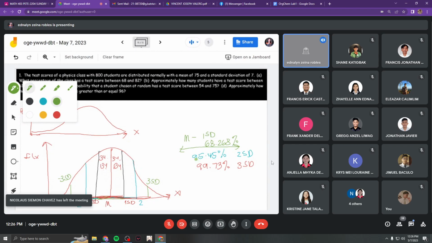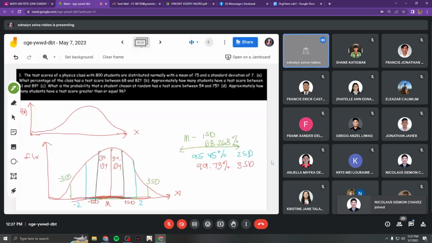And on the second standard deviation, sabi dito 95.45. So 95.45 minus 68 is the probability na ilalagay natin dito from the first to the second standard deviation. 95 minus 68 divided by 2 is equal to 13.511%.